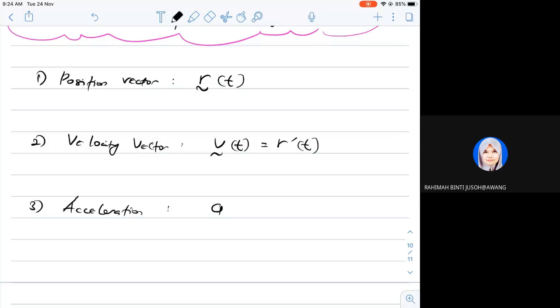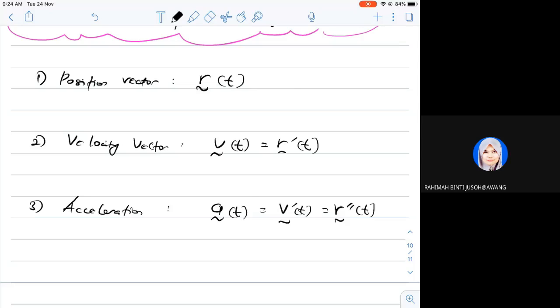Okay, denoted as a(t). All right, what you should do is you have to differentiate your velocity. Okay, and then if you are given position vector, but the question asks you to find the acceleration, means that you have to differentiate your position vector twice, like this. Okay, so we have r double prime.